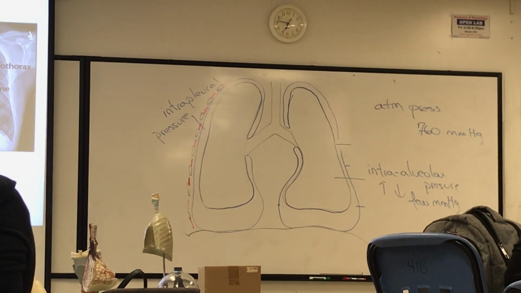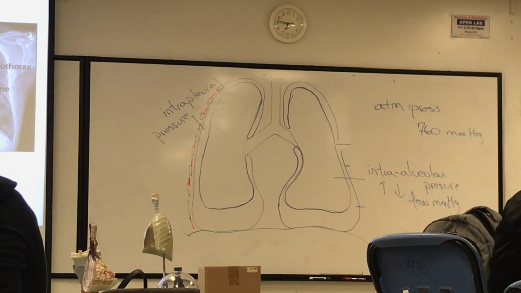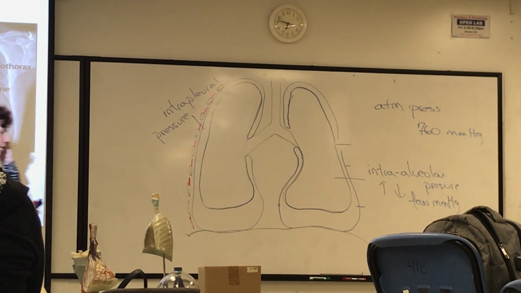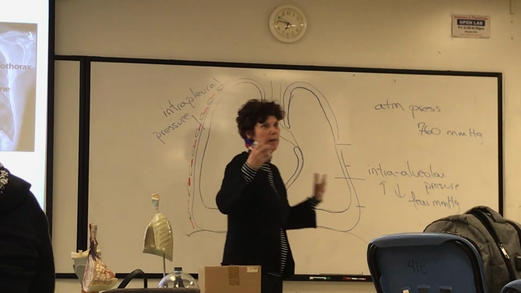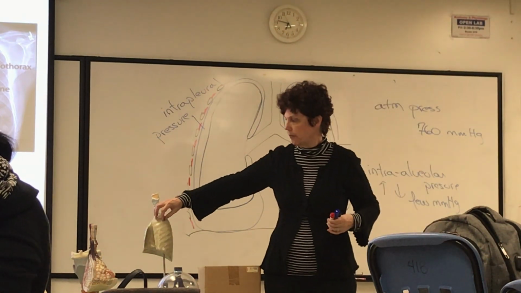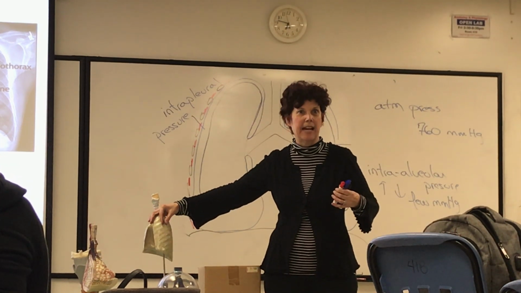So here's an image of what happens to the lung when air is allowed into the intrapleural cavity. This can occur from, I had a student whose young daughter would just randomly get torn visceral pleura. So the surface of her lung, little blebs would form, and then they would just tear.